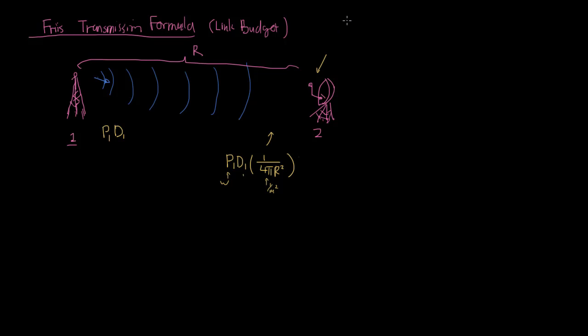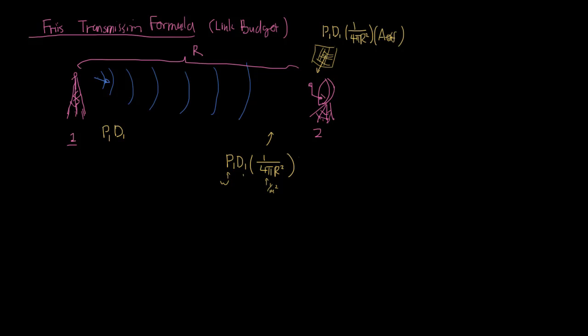Now, how do you translate that into actual receive power? That's right. To convert that into watts, you multiply it by the effective area that the antenna has to capture this radio wave. So this would be P1 D1, then you have a penalty of 4 pi r squared, and then you multiply it by the effective area. That will tell you how much power is received.